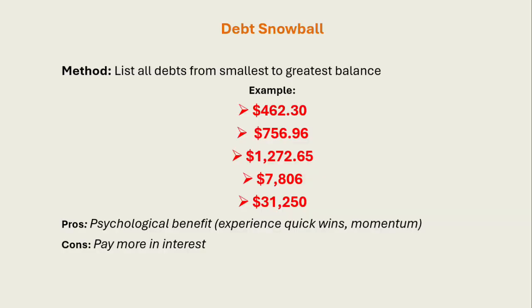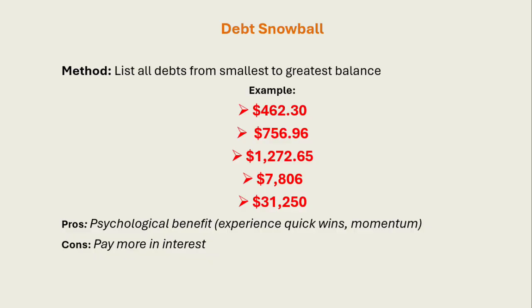That was my Amazon credit card. And then the next debt is $7,806. That was my car loan. And the very last one, which is the big debt, $31,250, which was my student loans. So notice how I listed these from the smallest to the greatest.